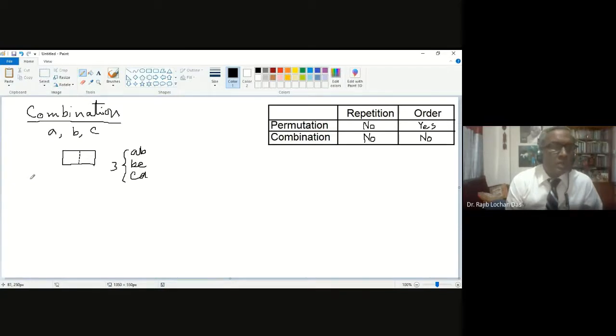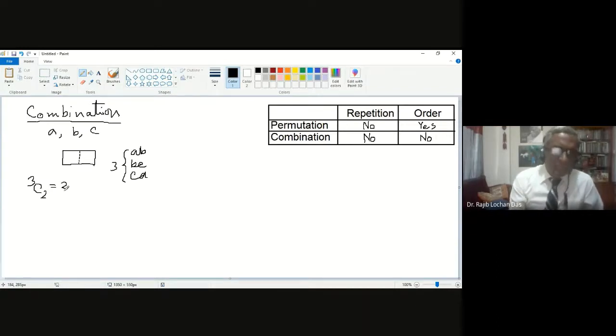So we can write 3P2 equal to 3. So 3, sorry, it is not P, it is C. We are talking about C, combination. So 3C2.